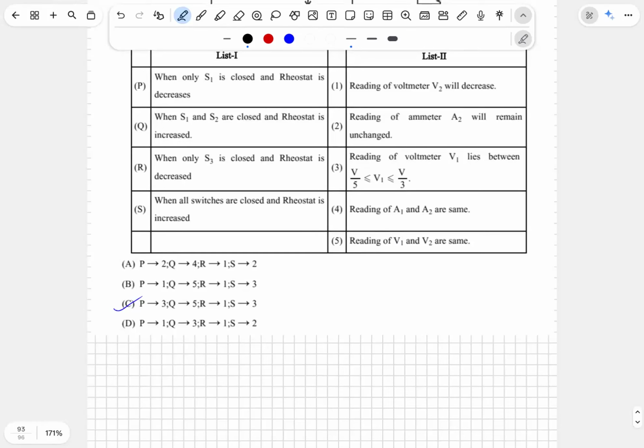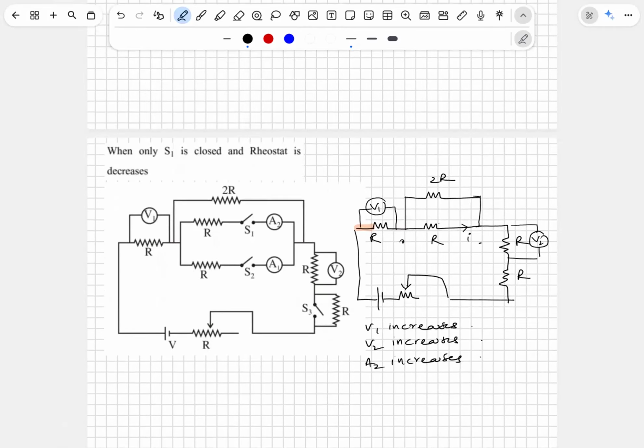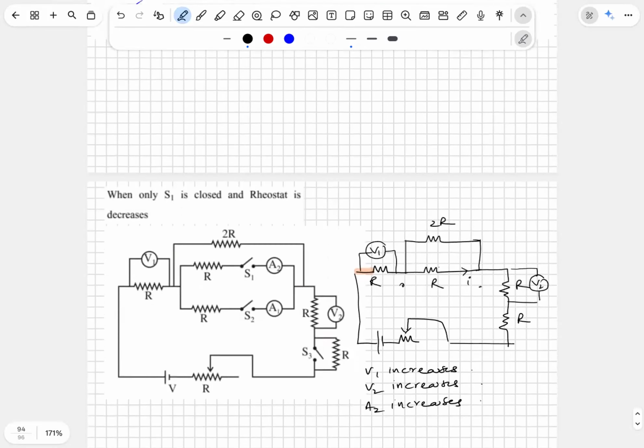Reading of ammeter A2 will remain unchanged, wrong. Readings of A1 and A2 are same, wrong. First of all, one is not working. So therefore, I need to cross check with the reading of the voltmeter V1.